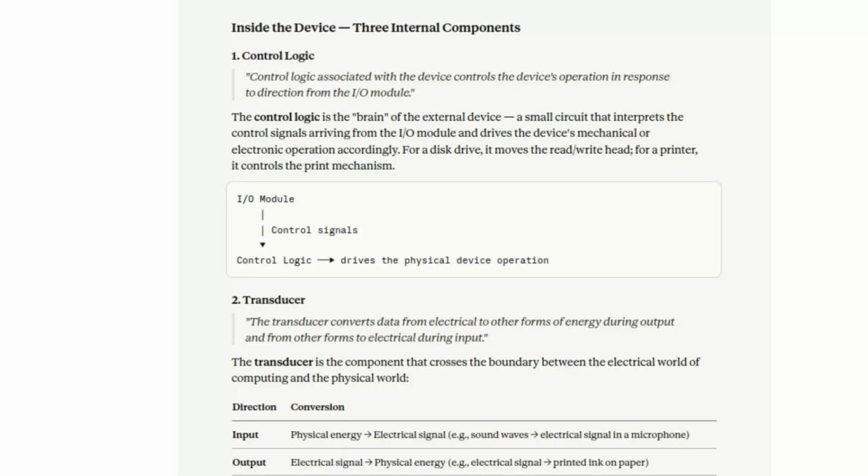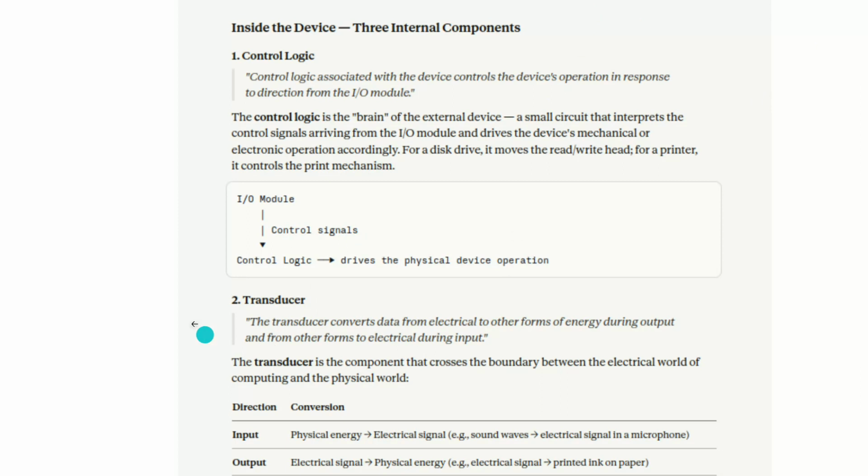It interprets the control signals received from the I/O module. According to that, it will drive the device's electronic or mechanical operations accordingly. Okay, that is what it does.